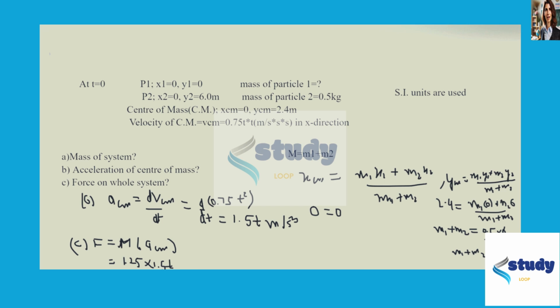This is also time dependent. We can put in the value of time to find the force at different time intervals. Remember that the velocity of the center of mass was in the x direction, so the acceleration is also in the x direction, and the force on the system is also in the x direction.